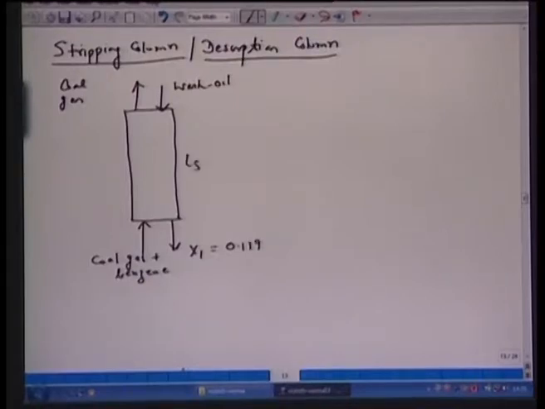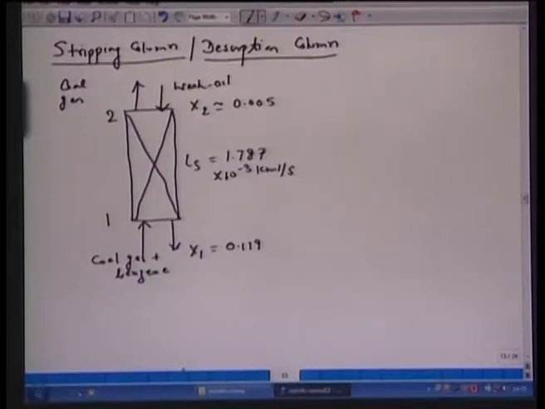The flow rate of this wash oil was calculated at 1.787 times 10 to the power minus 3 kilomole per second, and we had this x2 given as 0.005. So this was 2, this was 1. We addressed this absorption column in the previous example.